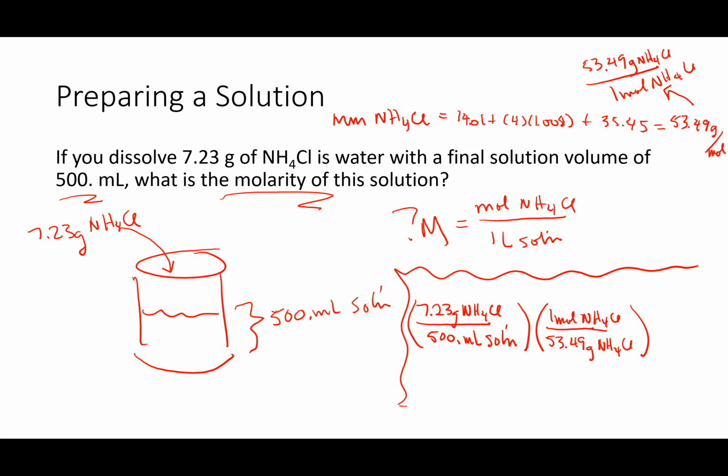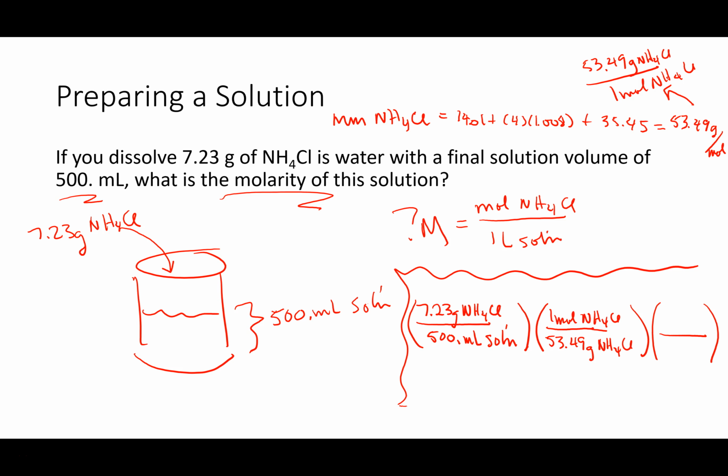Cool. So I know some of you are like me, you don't like to cross out the units that cancel because it looks so messy. So if we cross out the grams, now we have moles per milliliter, but we need moles per liter. So what's a third term I can knock on there to get units of milliliters to cancel in the denominator and get units of liters in the denominator?